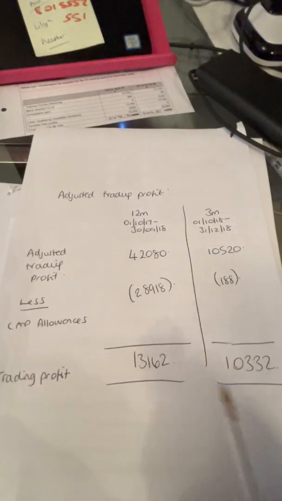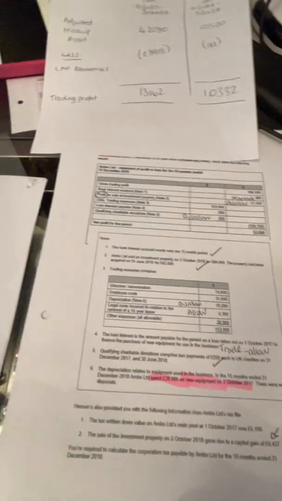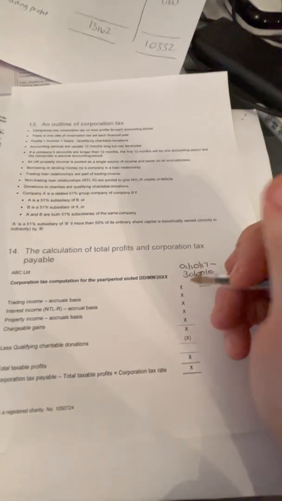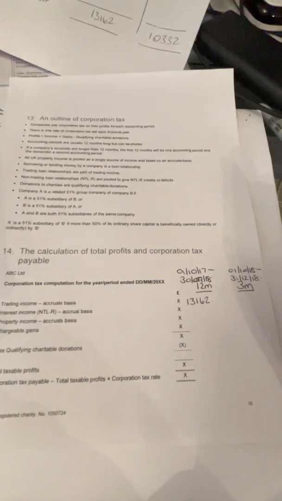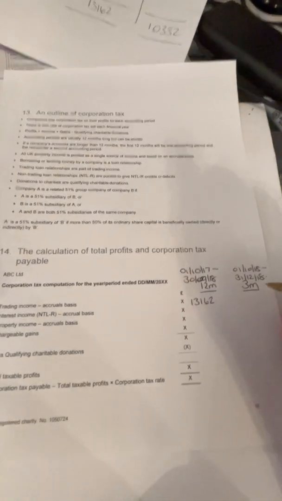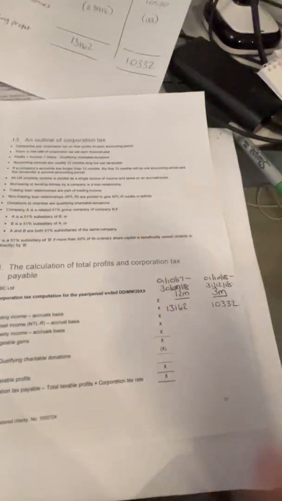Okay, so now I've calculated this figure, I can actually pop that into my pro forma at the start, which is here, over here. So trading income for the 12 months, 13162. And trading income for the 3 months is 10,332.